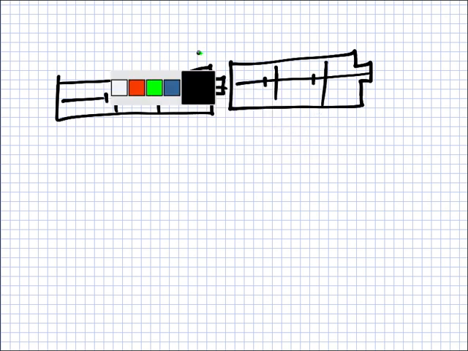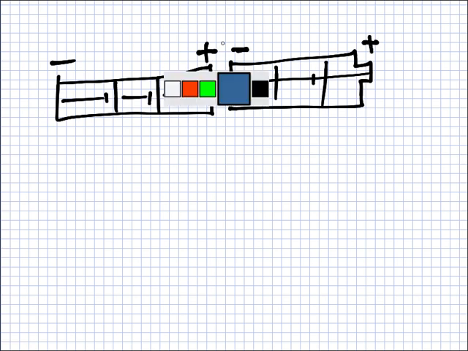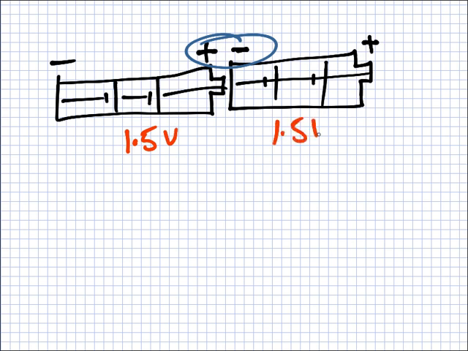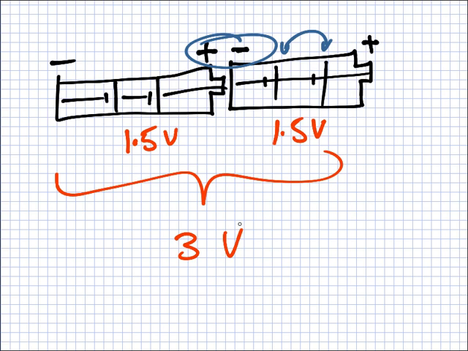This is plus and this is minus, and this is minus and this is plus. If this is, for example, 1.5 volts and this is 1.5 volts, then together they make a battery of 3 volts. However, if you put them in backwards, the voltage subtracts. So, for example, if you turn this guy around, then you'll get 0 volts.